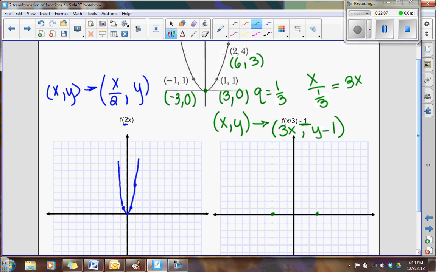What is this going to change to? So (0, 0) is going to be multiplied by 3, the x value, so that's still going to be 0. And the y value is going to be moved down 1. And, okay, then we have the point (6, 3).